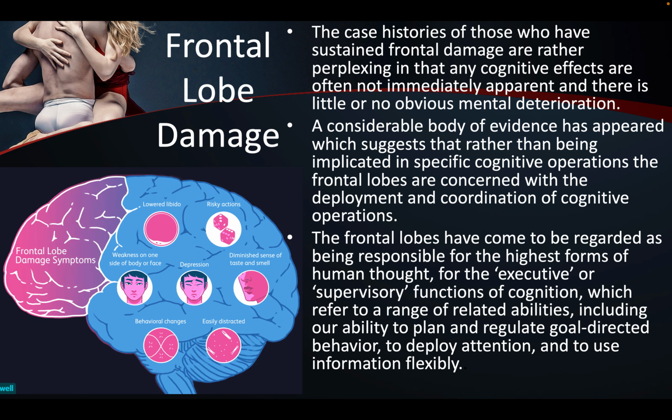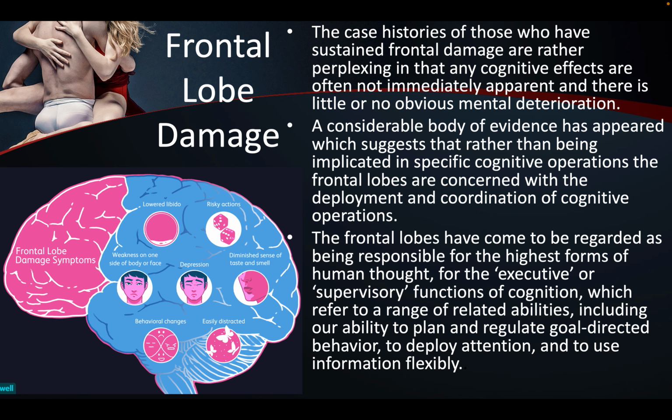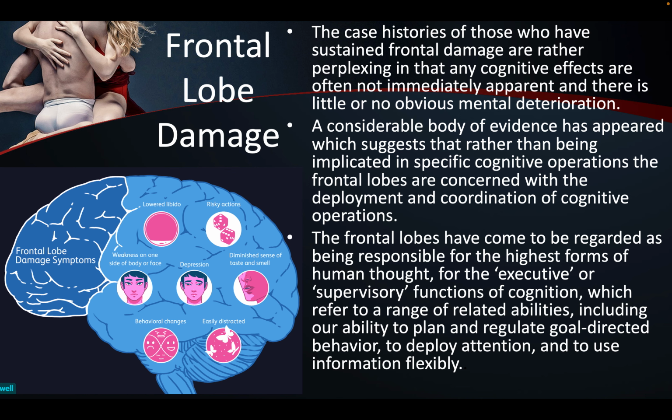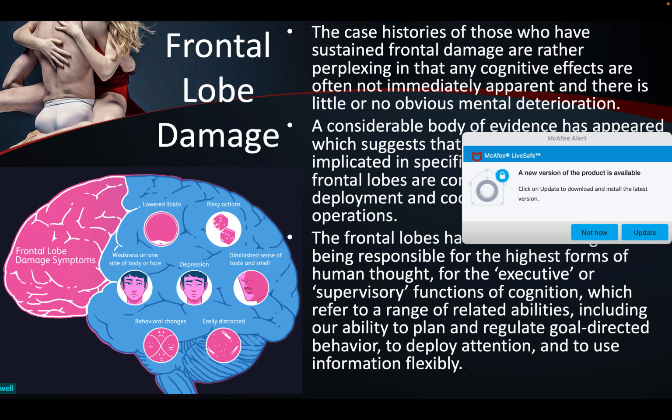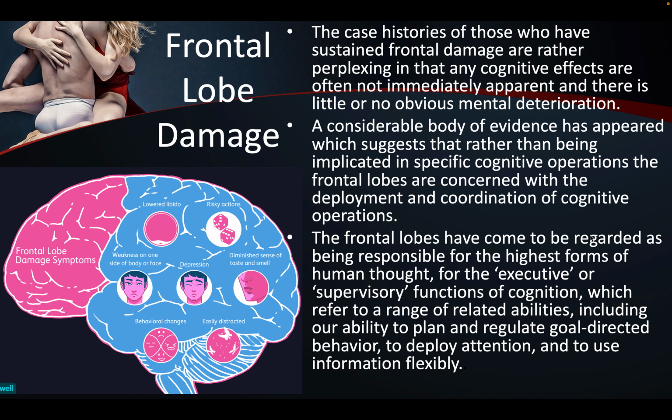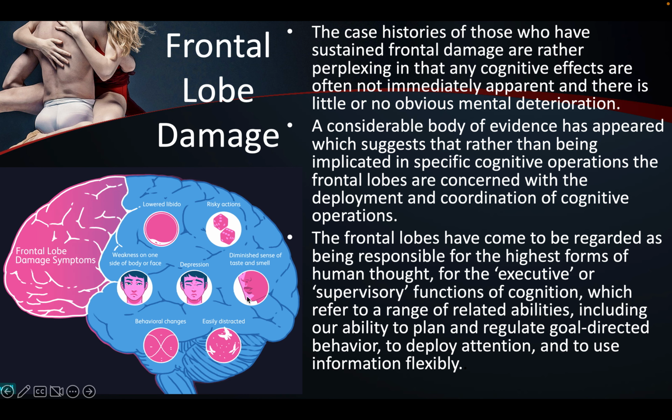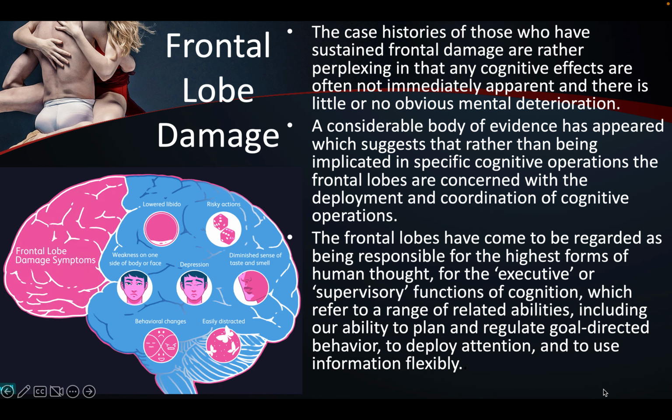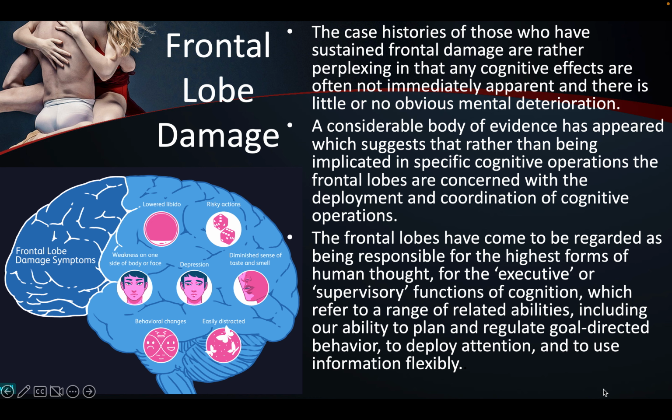The case histories of those who have sustained frontal damage are rather perplexing in that any cognitive effects are often not immediately apparent, and there is little or no obvious mental deterioration. A considerable body of evidence has appeared which suggests that rather than being implicated in specific cognitive operations, frontal lobes are concerned with the deployment and coordination of cognitive operations.